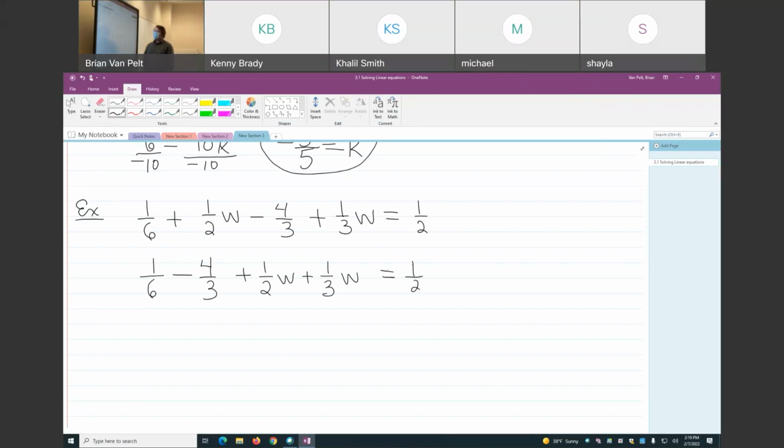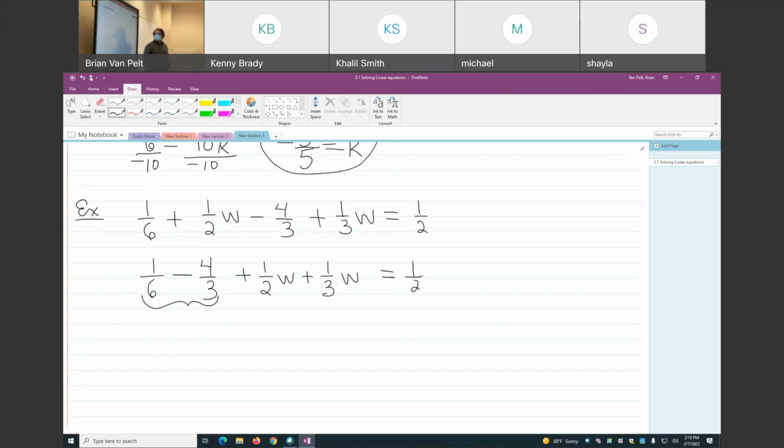Now, if I want to combine these two numbers, what LCD do I need for that? What LCD should I use for these two fractions? What denominator? Oh, I'm sorry, 9.